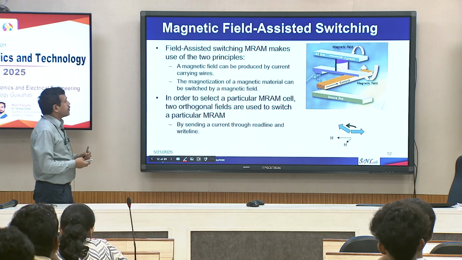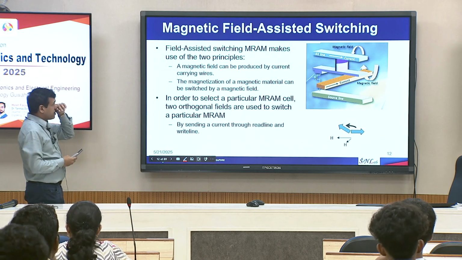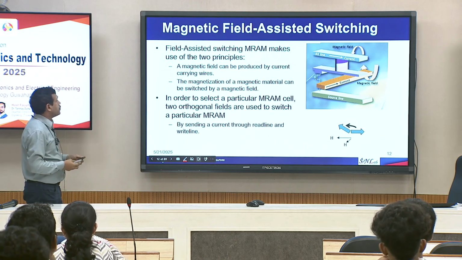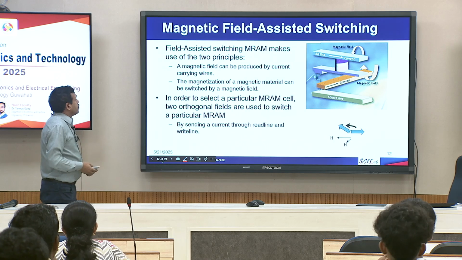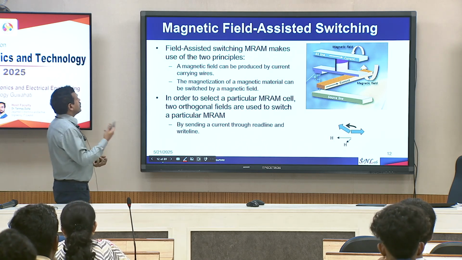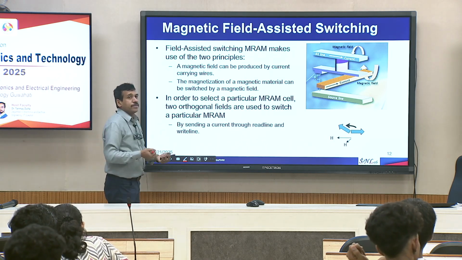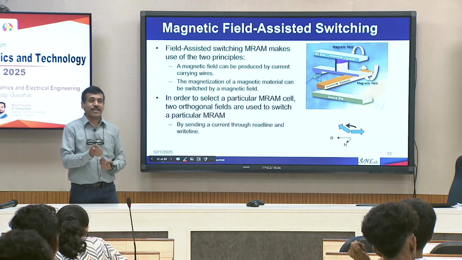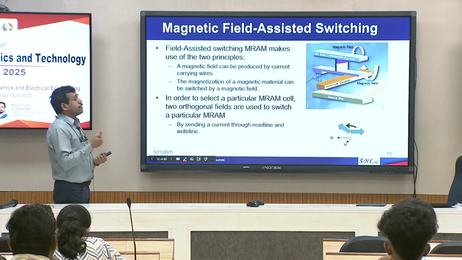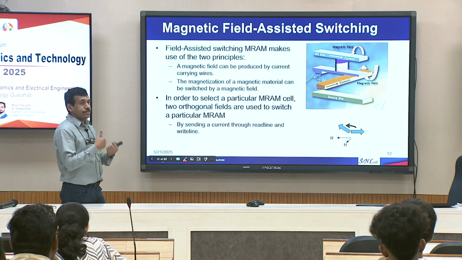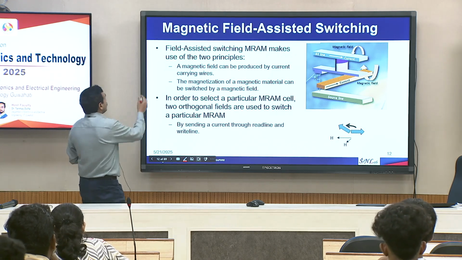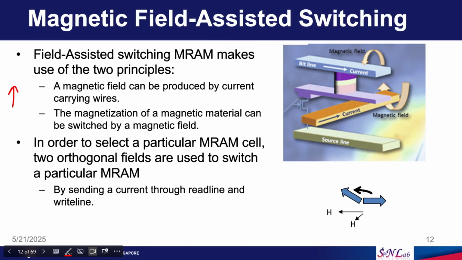Okay, so let us start with the magnetic field assisted switching or writing mechanism. In this case we are using a magnetic field. If you remember, in magnetic recording we use a magnetic field to write the information. We magnetize the materials to be pointing up or down, or to have magnetization left or right.